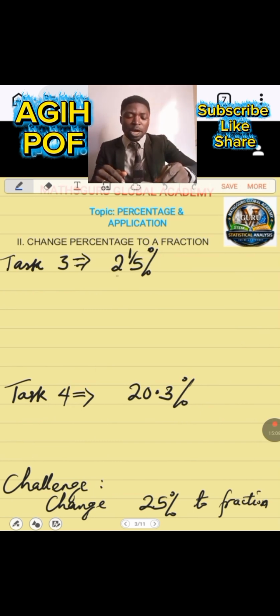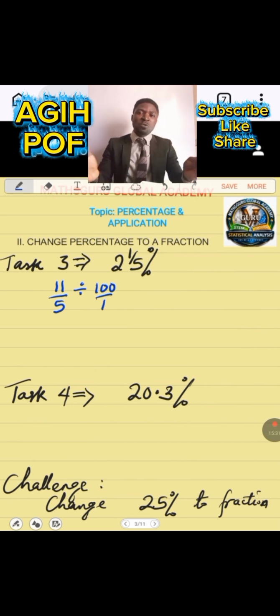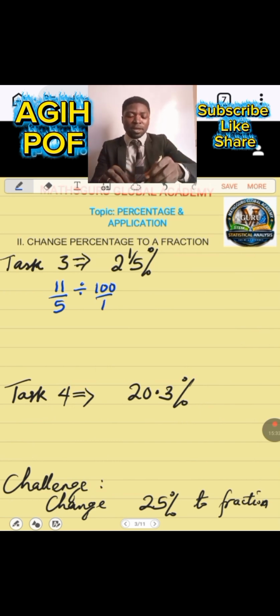So we're going to have 2 times 5, 10, and 10 plus 1, 11. So we're going to have 11 over 5. And since it's in percentage, to be converted to a fraction, we have to divide it by 100 over 1.